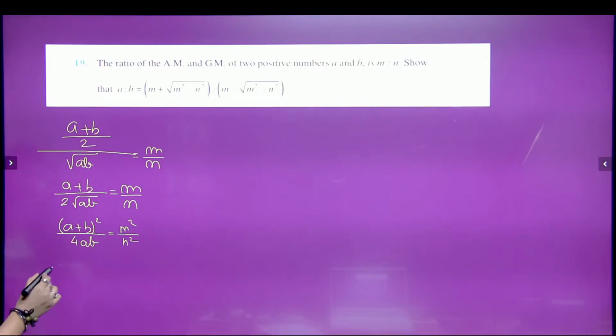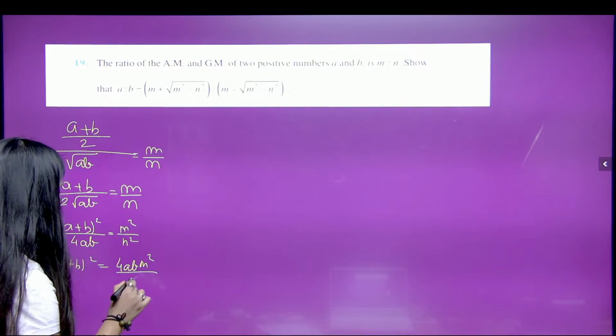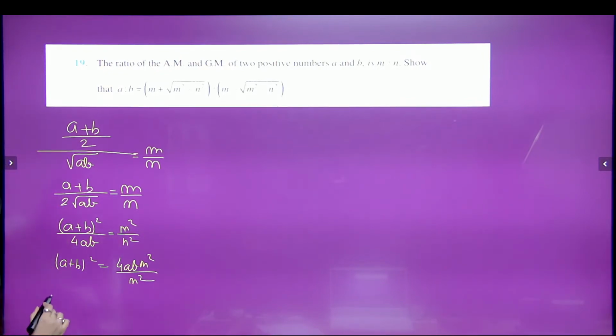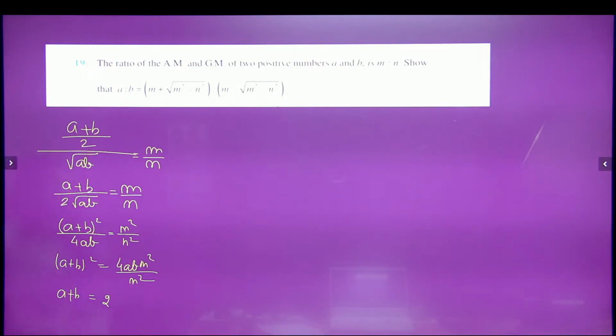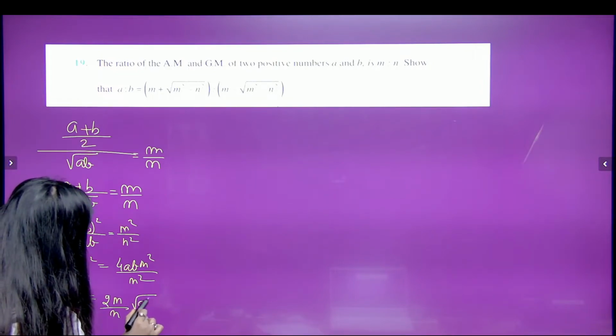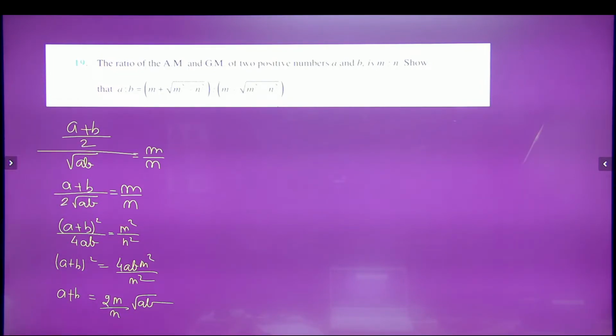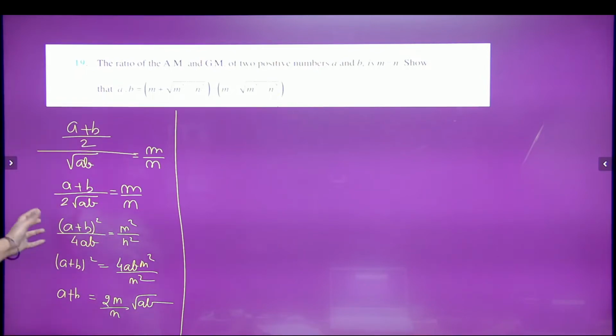Or simply I can say that A plus B is 2 M by N root AB, taking square root on both sides. I don't need to do this, it will give the same value.